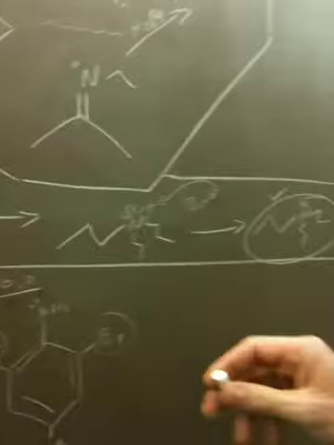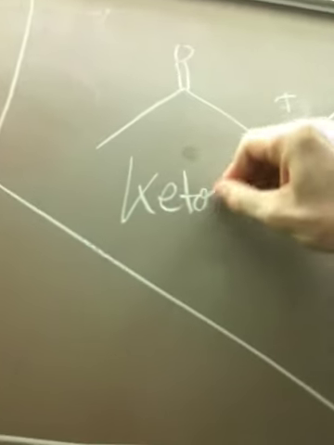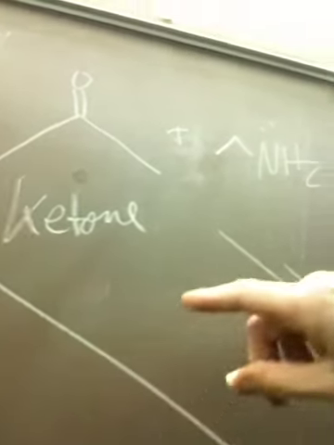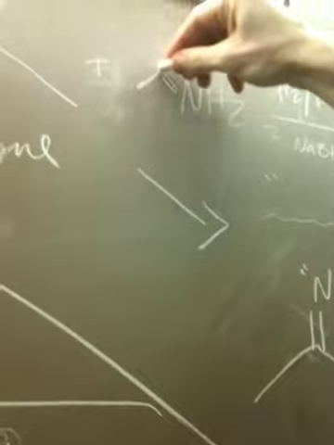Okay. Cool. Now, one last thing, and that should cover all of chapter 21. You got a ketone plus NH2 with an R group on here.